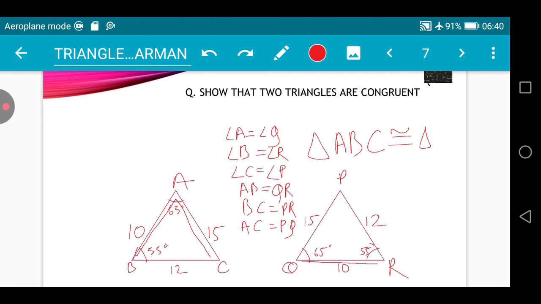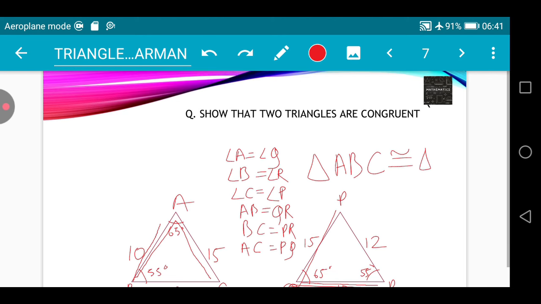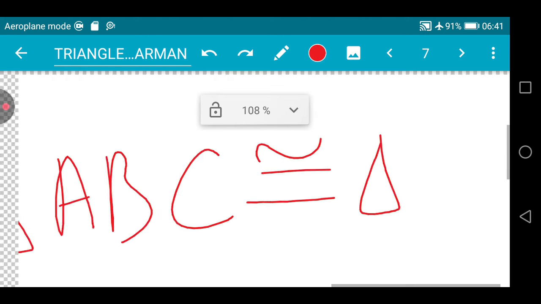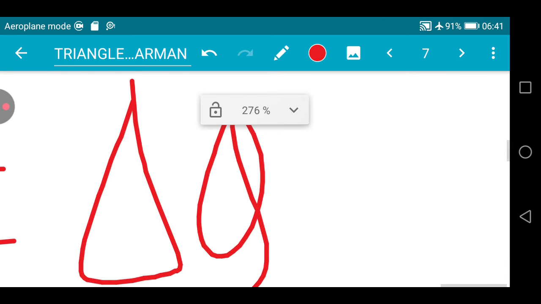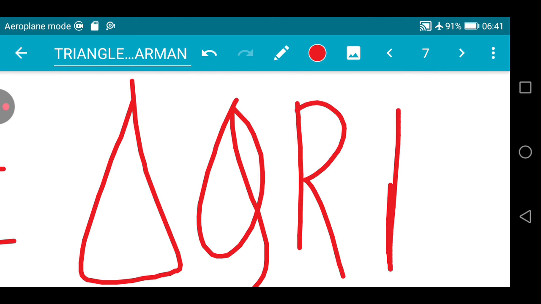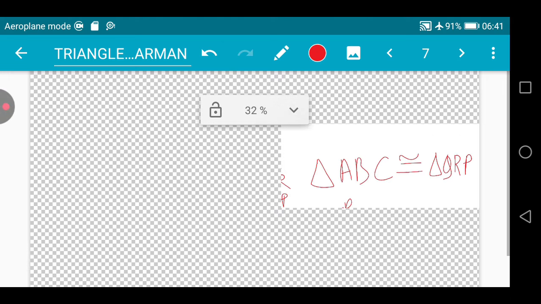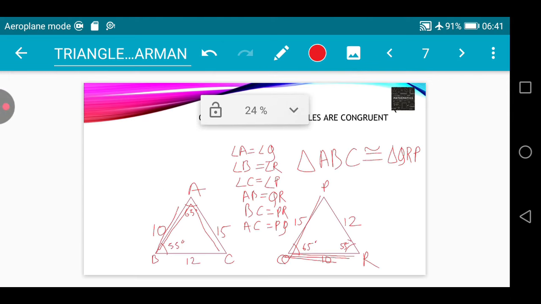First we are getting, base is BC, so here the base will be QR. Here the base will be QR, so this will be at last. So what will we see? Triangle ABC is congruent to triangle QRP. Triangle ABC is congruent to triangle QRP.